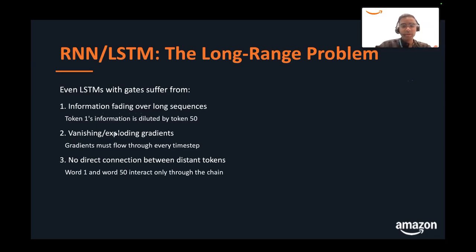What I'm trying to say is, suppose I want to find the relation between these two different tokens. The relation comes because we go through these intermediate relations, which is a chain of relations. There is no direct interaction being quantified.